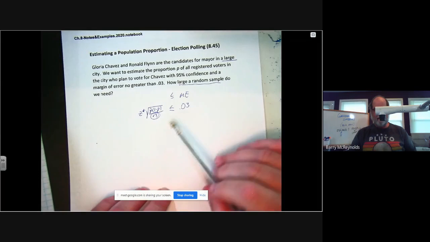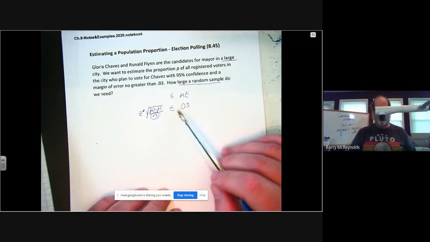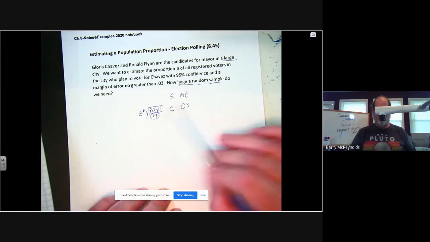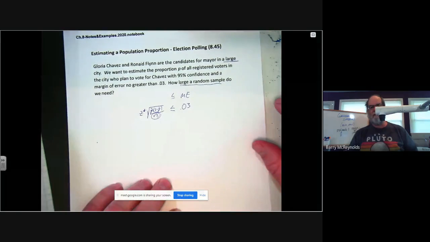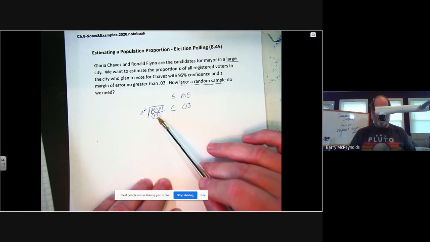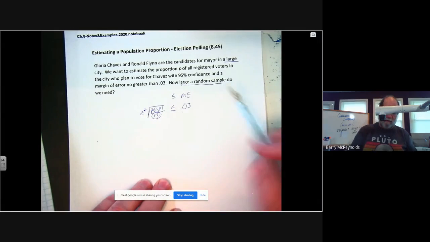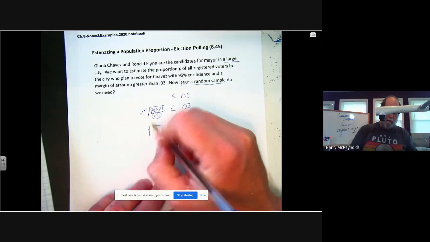So I can see your eyes starting to glaze over here. Oh, this is algebra 1 or algebra 2. We've got to rearrange this inequality and solve for n. So let me do a few steps of the algebra here. I'm trying to isolate n, so I'm going to just divide both sides by z star.